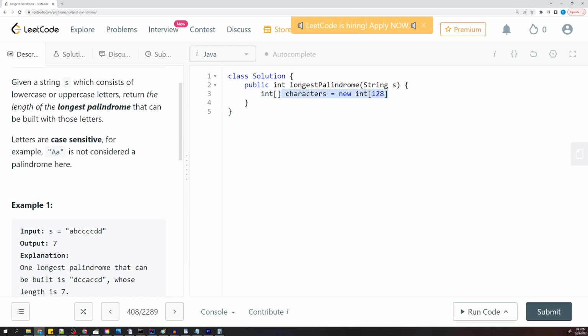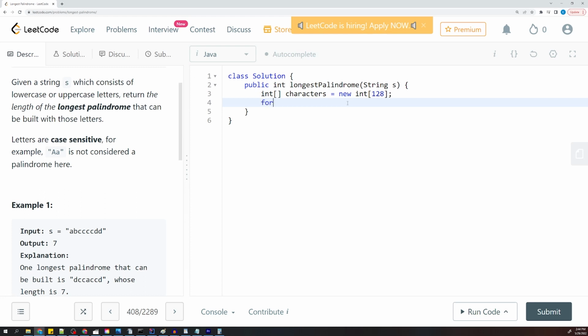Okay. So here we're just going to take this int array that's 128 and we're going to add the char value. We're just going to update the int array at the char value, so that it adds to the right bucket.